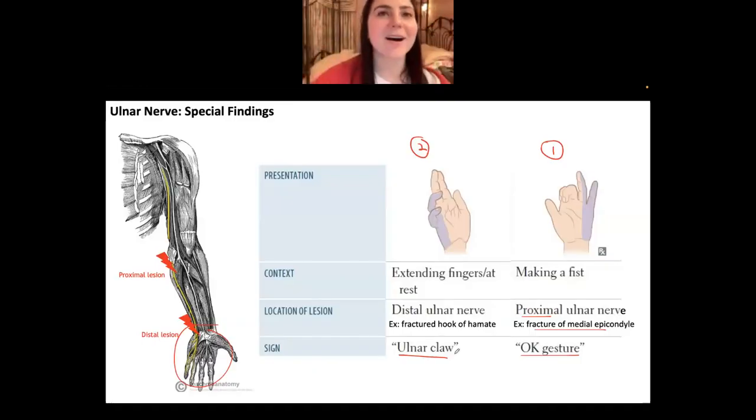So that's at rest. Here, it's not the case. Well, this is at rest, sorry, but it's the opposite. It looks like this. So they call that the ulnar claw, but there's no ape hand because apes more so walk around like this. Okay. So that's that. And again, an example of a distal ulnar nerve lesion would be a fractured hook of hamate or something like that.